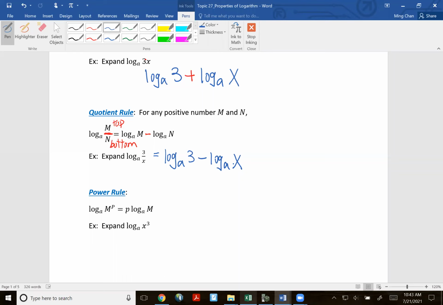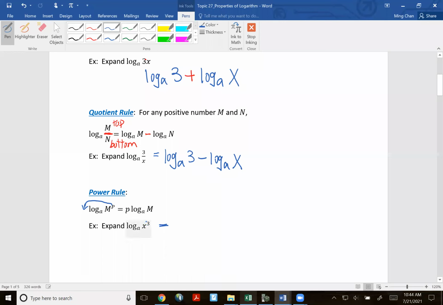Power rule. If I take a log with some base a of m, and that m has some sort of exponent power p, all I need to do is bring the power down to the front of the logarithm. So that becomes p times log with the base a of m.